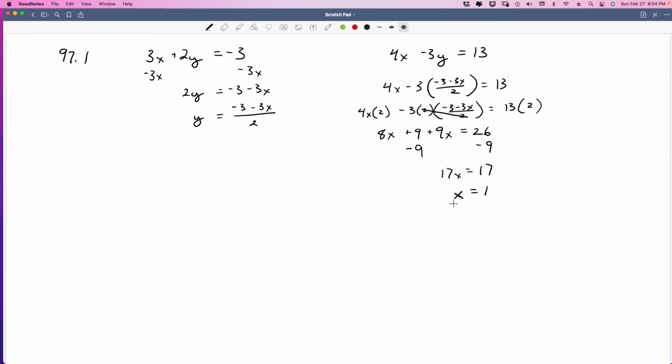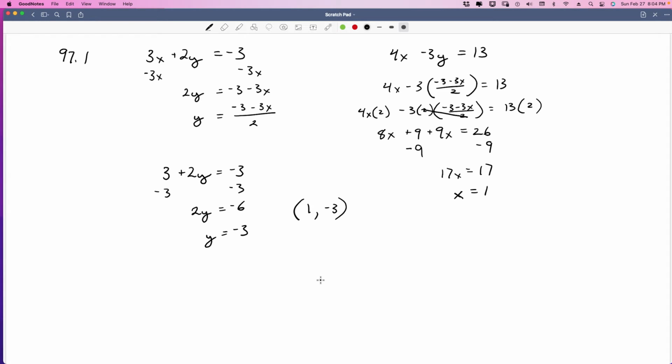So I can go ahead and substitute that back into this original equation here. 3 times x will be 3, plus 2y is equal to negative 3, because 3 times 1 is still 3. Subtract 3 from both sides, I get 2y is equal to negative 6. Divide both sides by 2, y is equal to negative 3. So my solution set is 1 and negative 3 for my x and my y values.